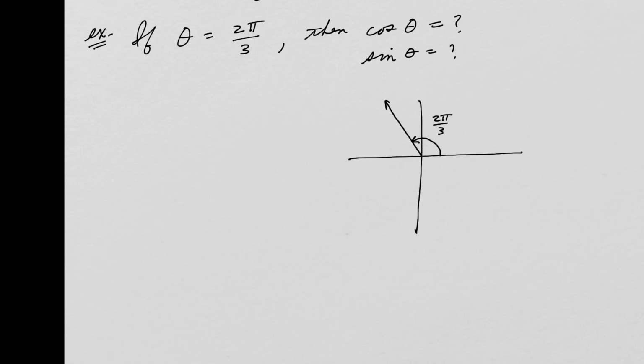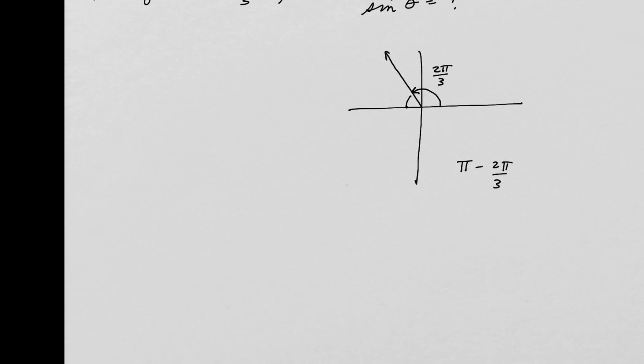Which means the reference angle here is going to be pi minus 2/3 pi. You can think of this as 3/3 pi minus 2/3 pi, which is 1/3 pi. So this is pi over 3. All right, so the reference angle is pi over 3.